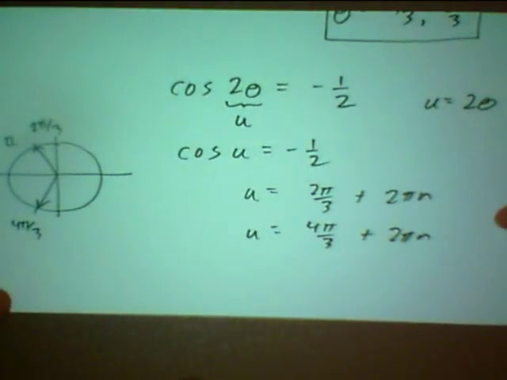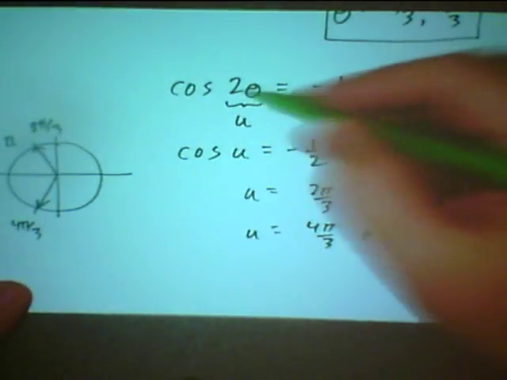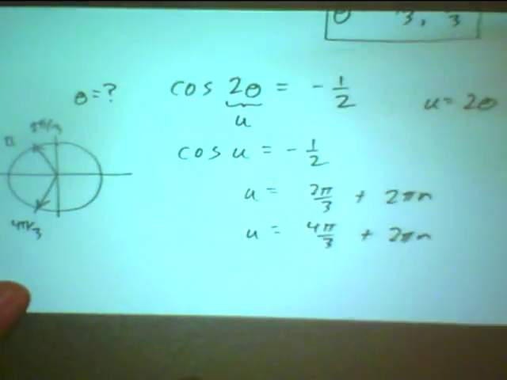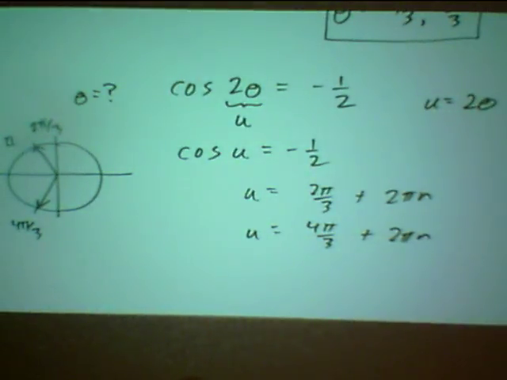So that's good, although I'm not really done. It feels like I'm sort of done, but I haven't really, because if I look at my original problem, I'm trying to solve for theta. On my own, I created this variable u, but I'm not trying to solve for u, I'm trying to solve for theta.